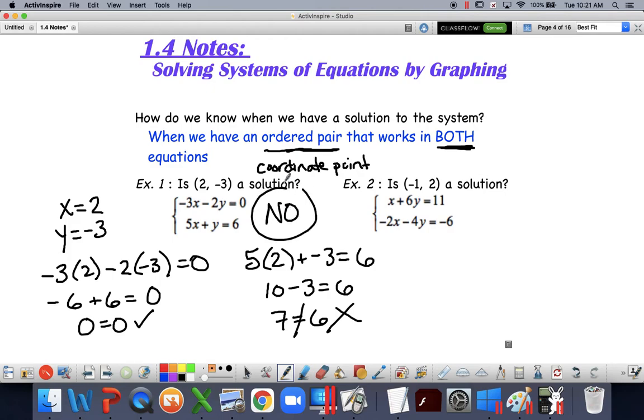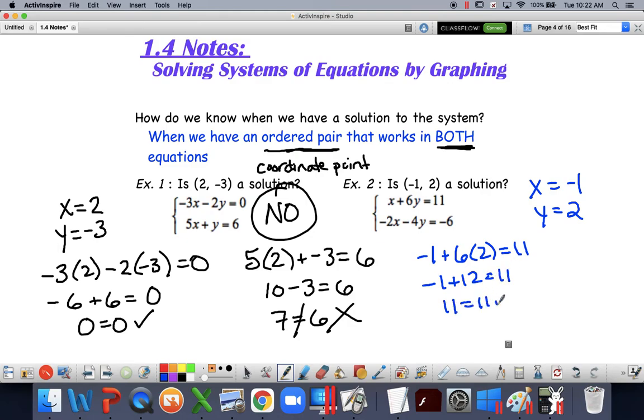So therefore, is 2, -3 a solution to this system of equations? The answer is no. I encourage you to pause the video and try the next group of equations on your own. Is -1, 2 a solution? Well, I'm going to plug in x equals -1 and y equals 2 into both of these equations to check. Works in the first equation.